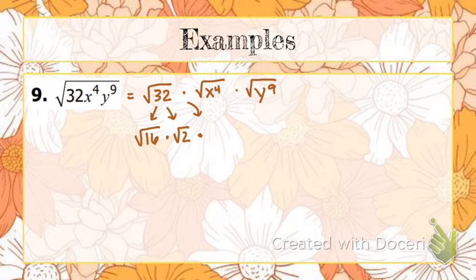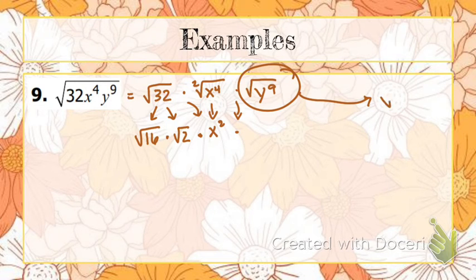And then we bring down the multiplication symbol. The square root of x to the 4th, remember when there's no index, it equals 2. So 4 divided by 2 is 2, so that just equals x squared. And we bring down the multiplication symbol. And the square root of y to the 9th, this is where things are a little different. I'm going to bring it over to the side and show you separately.